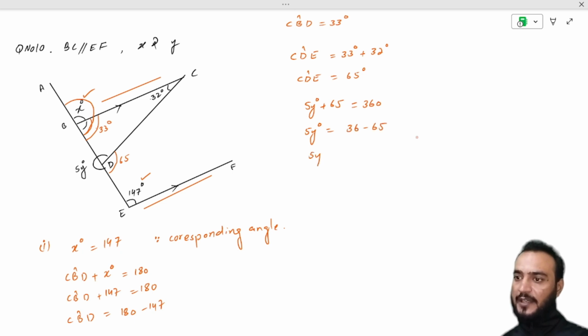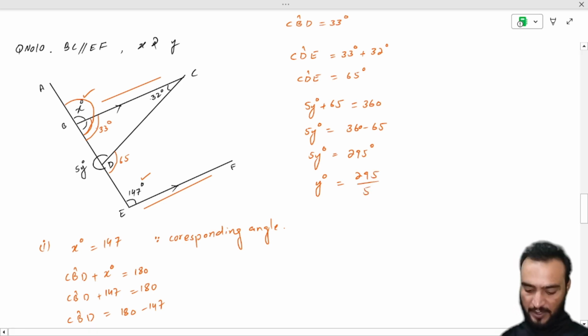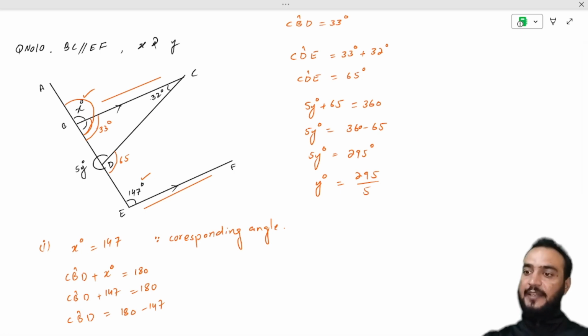What if we subtract 65 from 360? We get 295 degrees. And if we divide 295 by 5, the answer becomes 59 degrees.